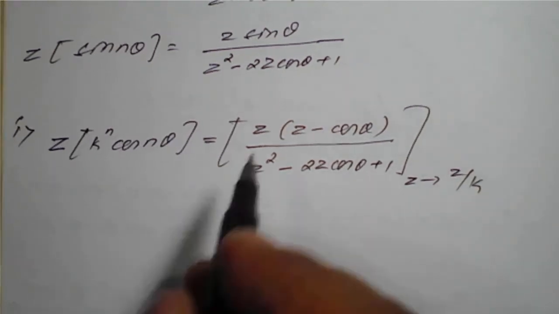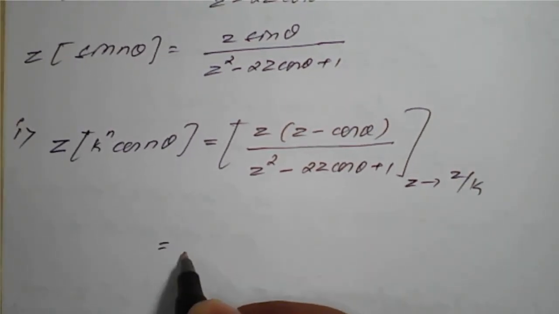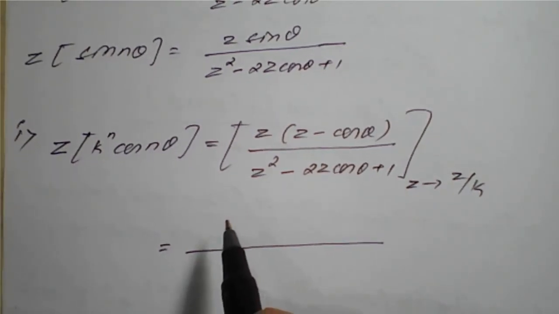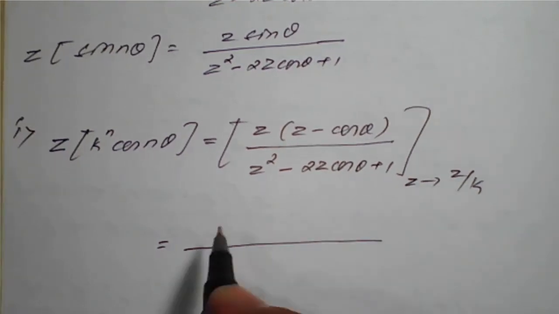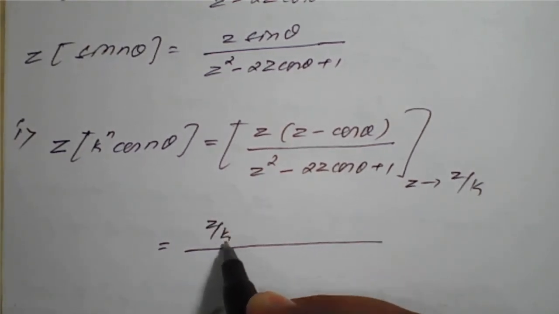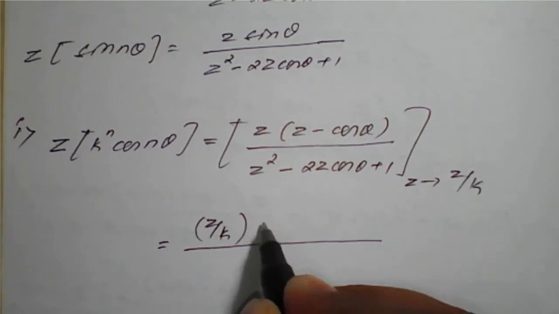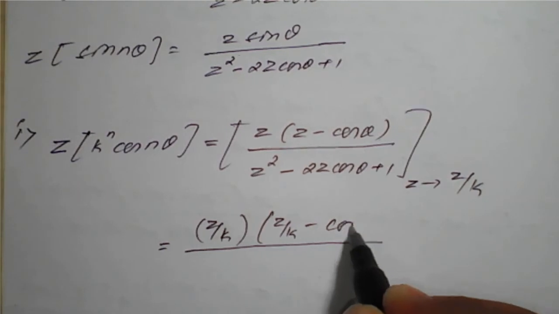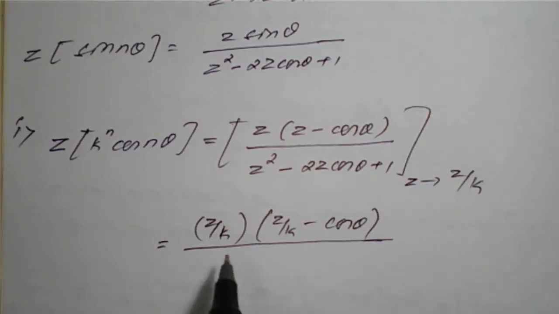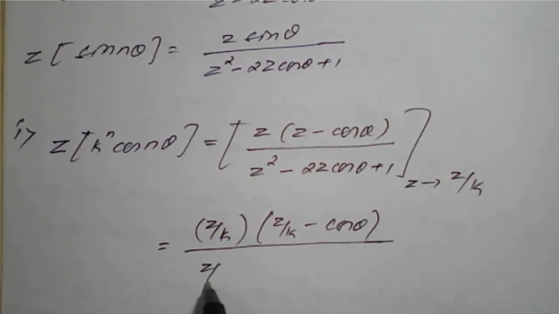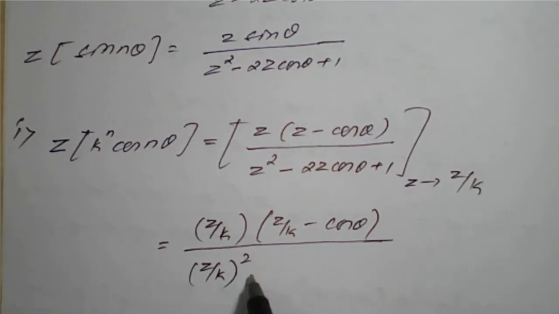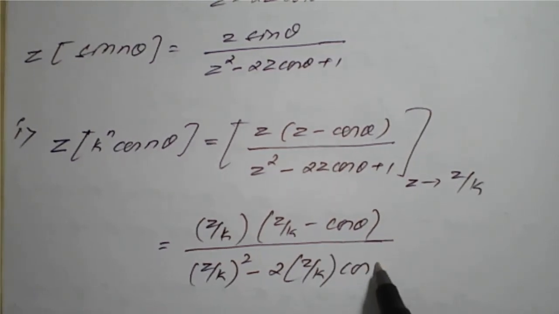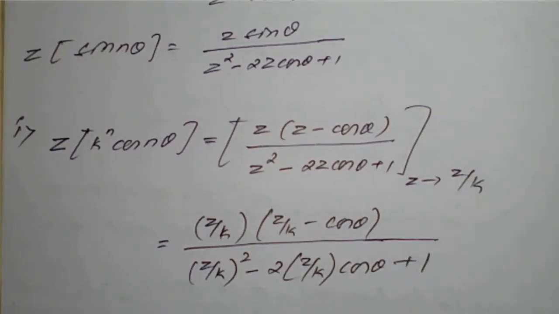So what happens if you replace it? It becomes z upon k into (z upon k minus cos theta), with denominator (z upon k) whole square minus 2 into z upon k into cos theta plus 1.